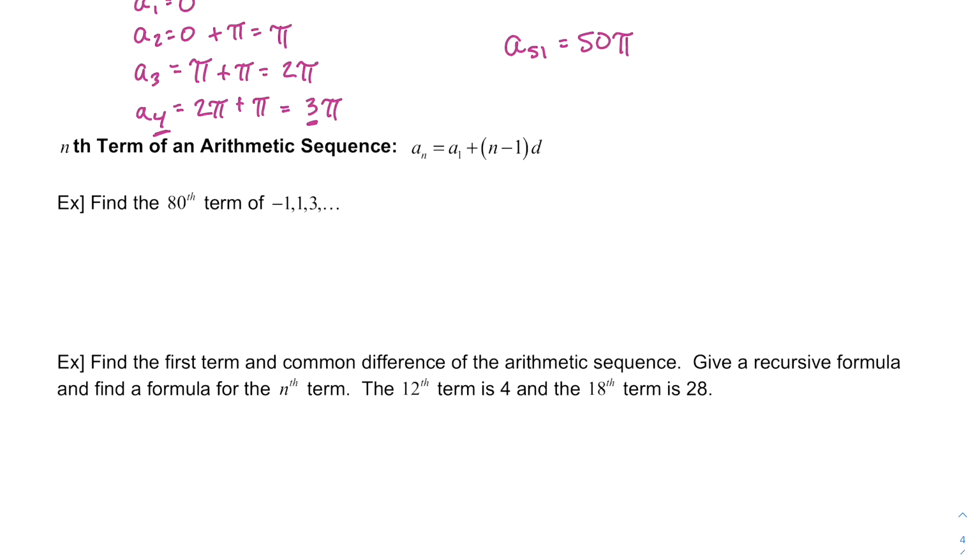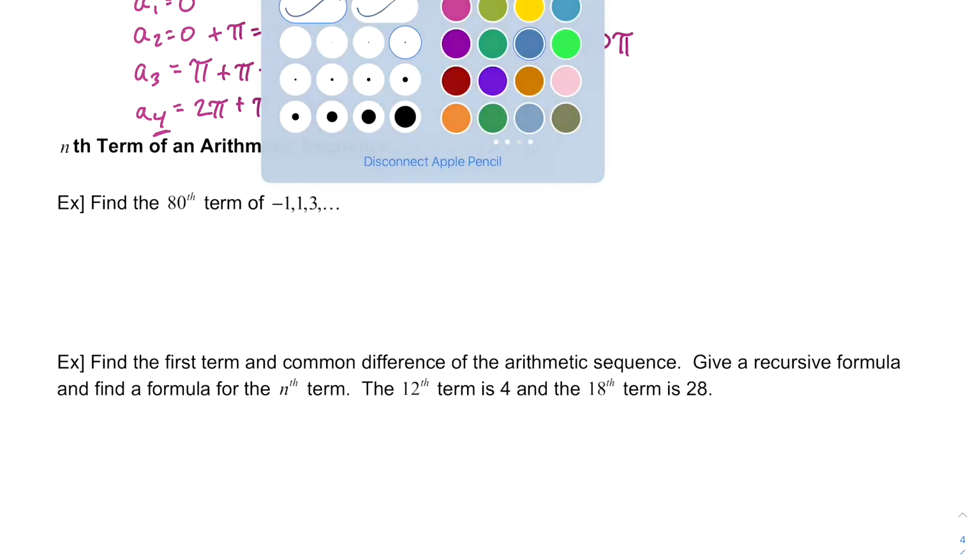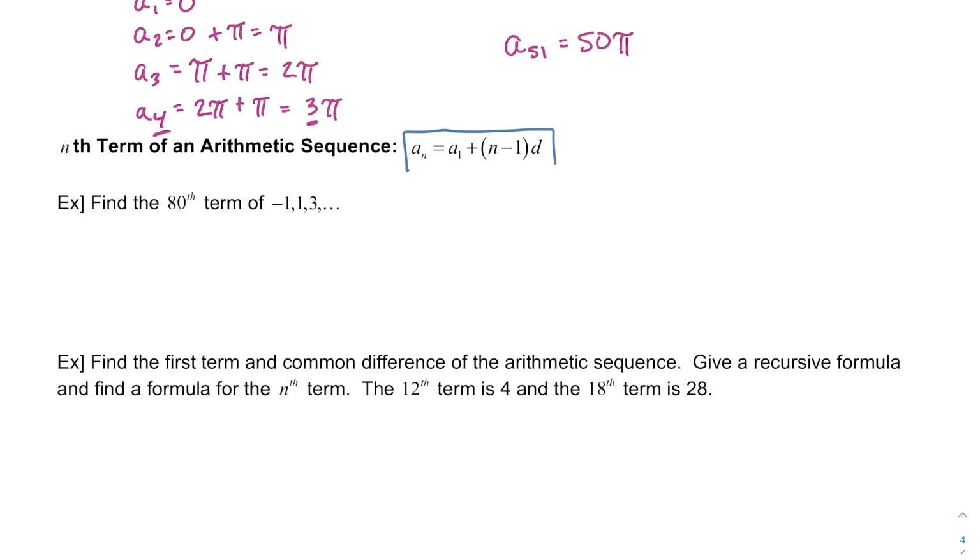This seems to be the pattern that we have in these first four terms. Another way to express an arithmetic sequence is with this formula here. This is the standard formula for the nth term of an arithmetic sequence. So notice you need to know the first term and you need the common difference to create this. So we can use this for the next example.